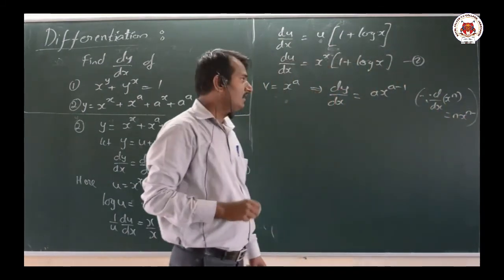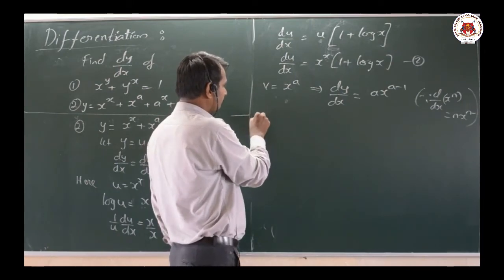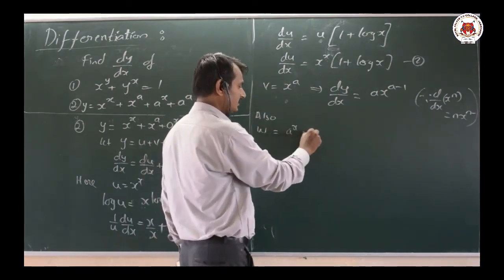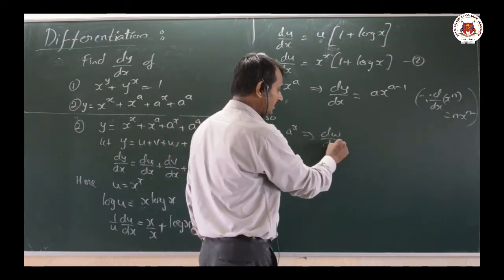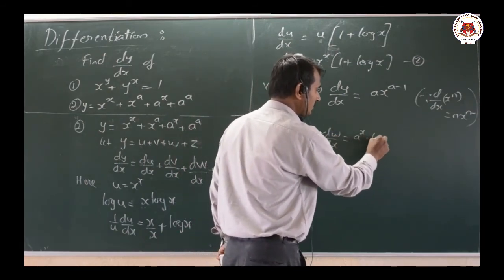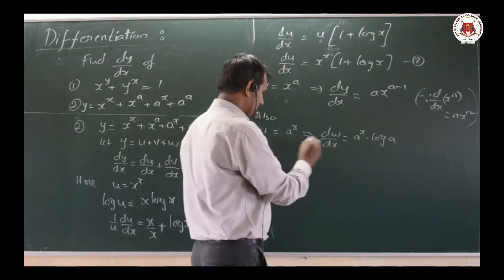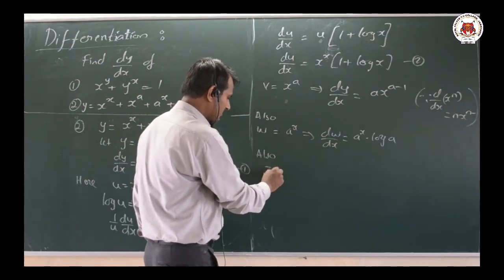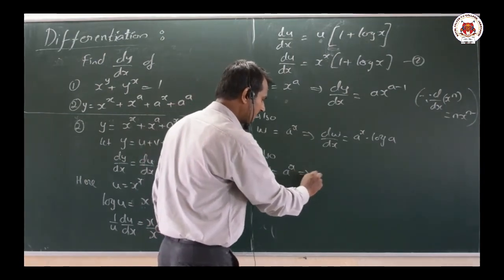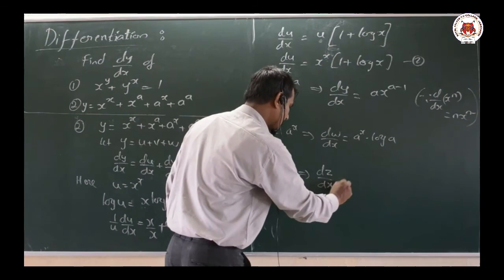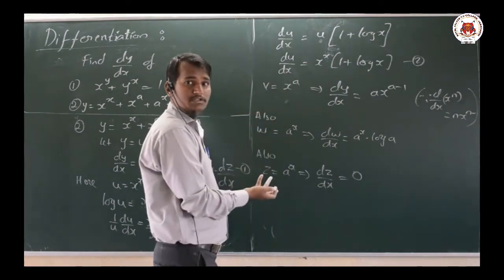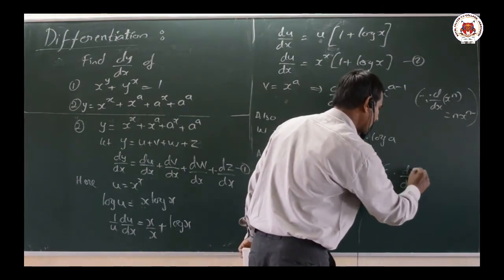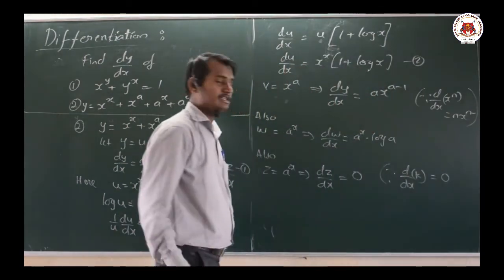Next, w is equal to a raised to x, that implies dw by dx equal to a raised to x into log a. Very directly I can solve it. Also the last one, z is equal to a raised to a, that implies dz by dx equal to 0 because it is a constant, because d by dx of k will be 0 here. That is the required result.